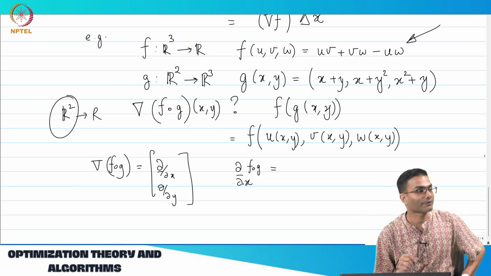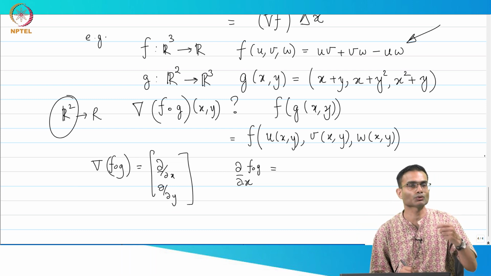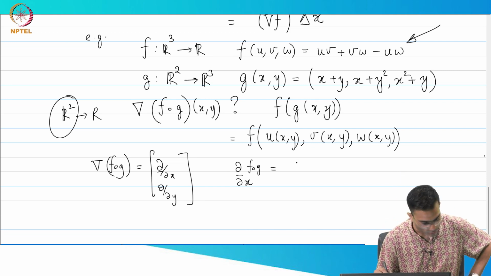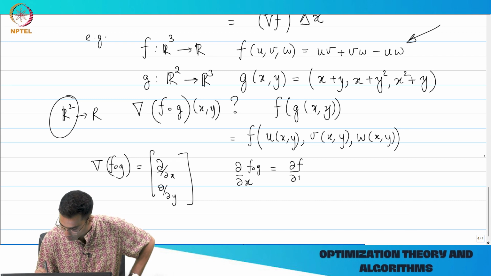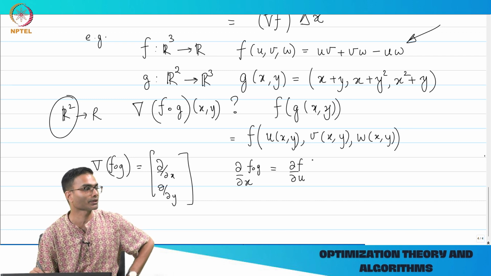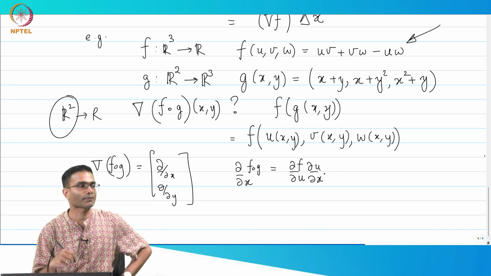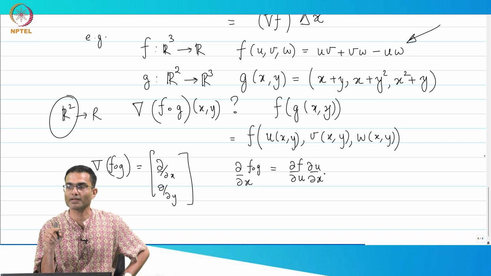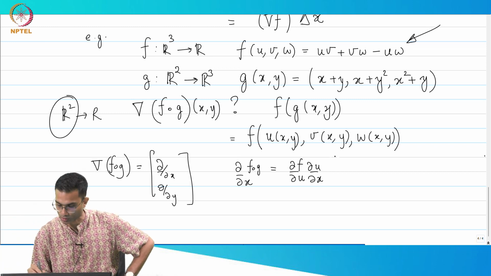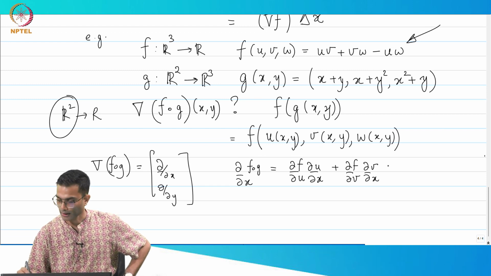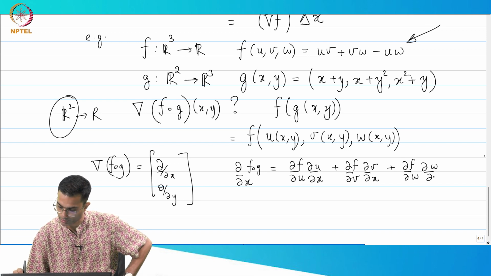The first thing is the derivative with respect to x. That means I need to know how u depends on x, how v depends on x, and how w depends on x. So what is the next term that I need to write? Del u by del x. But does this capture everything? No, because f depends on v and w also. So to complete the picture, I need the third term, del f by del w times del w by del x.